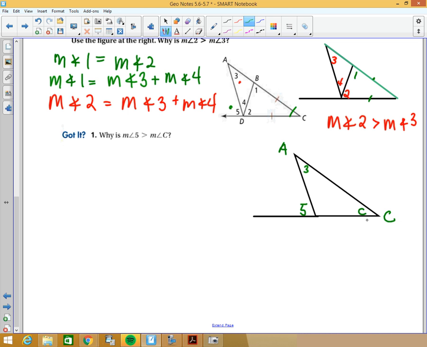Using the exterior angle theorem, what do we know about the relationship between 5 and C?